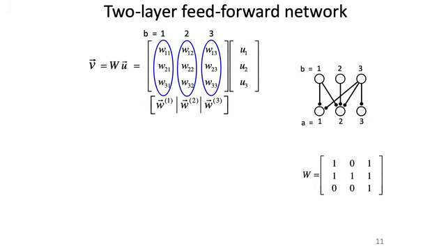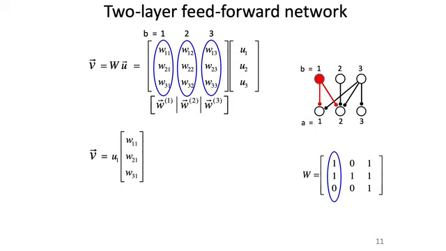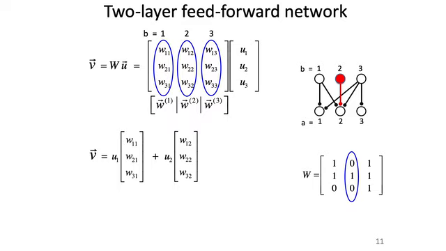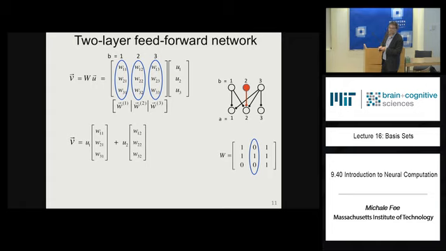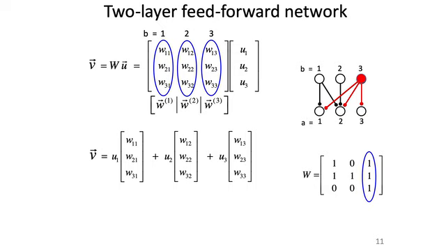Okay, so you can think of the output firing rate vector as being a contribution from neuron 1, and that contribution from neuron 1 is simply the first column of the weight matrix, plus a contribution from neuron 2, which is given by the second column of the weight matrix, and a contribution from input neuron 3, which is given by the third column of the weight matrix, okay?